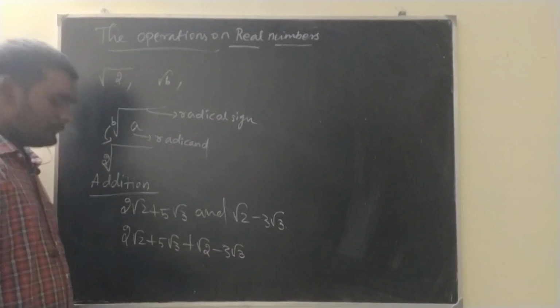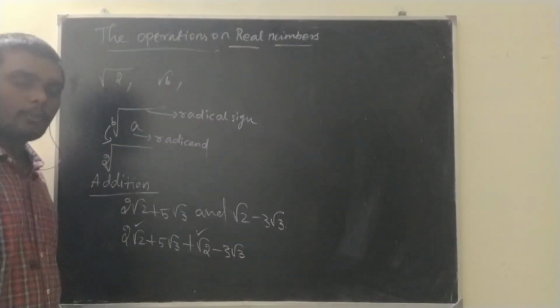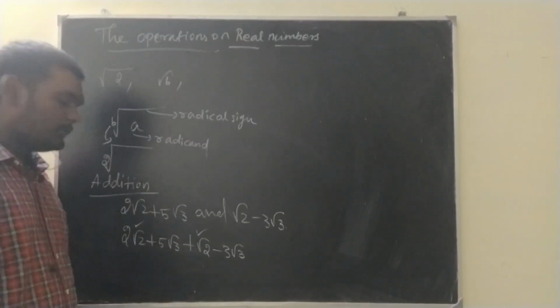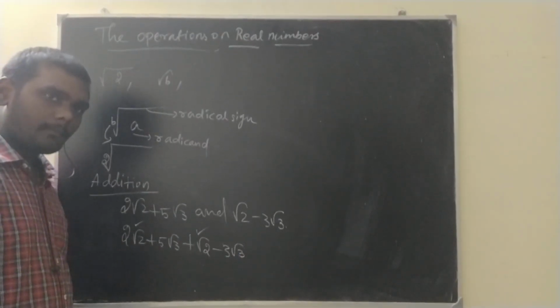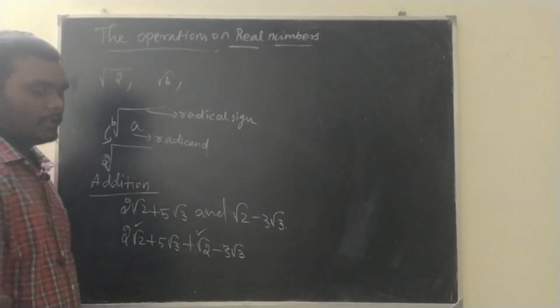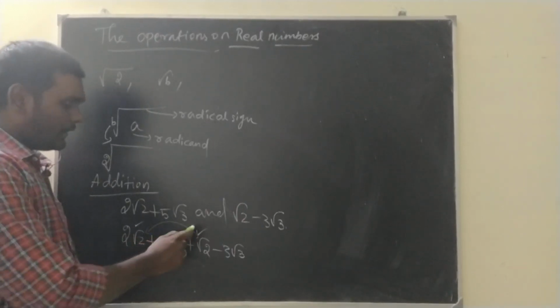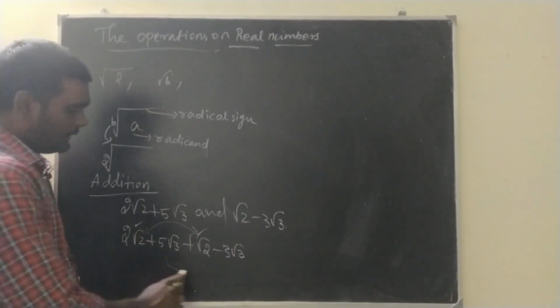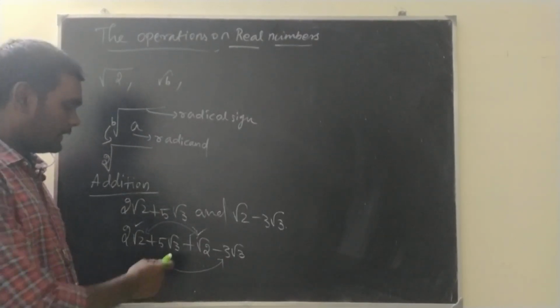Here, what are the like terms you see? First of all, how many terms are there? Can you say how many terms are there? 4 terms: 1, 2, 3, 4. In that, 2 terms have root 2, so these 2 can be added or subtracted. And the other 2 can also be added or subtracted as they have root 3.